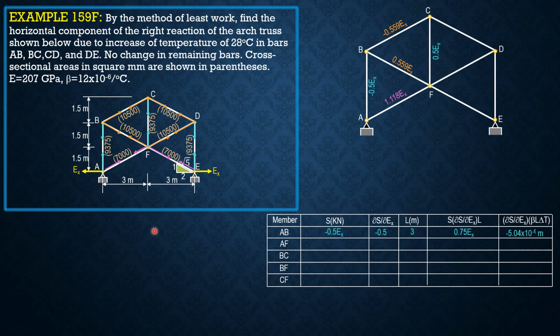So negative 5.04 times 10 to the negative 4, that is negative 0.5 times beta, which is 12 times 10 to the negative 6, length of member AB, because this is affected by temperature, 3, then delta T is positive 28, and that's the result.